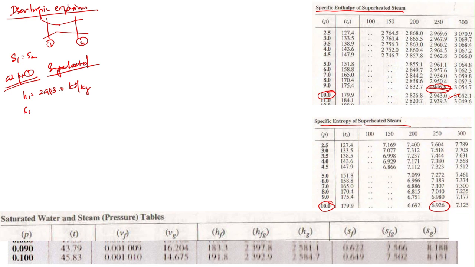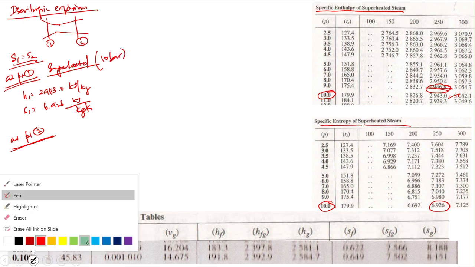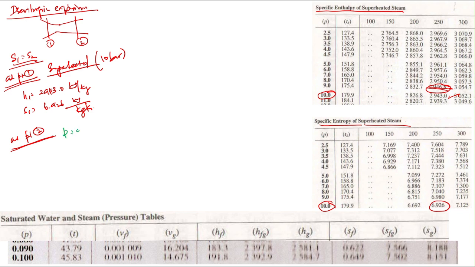Then S1 is equal to 6.926 kilojoule per kilogram Kelvin. Already you know S1 is equal to S2. At point 1 the pressure is 10 bar, and at point 2 the pressure is equal to 0.1 bar.